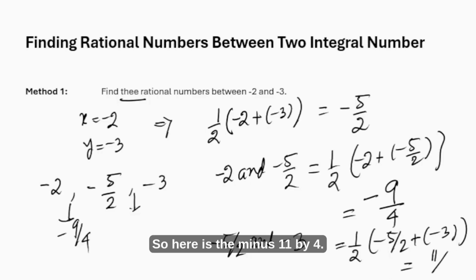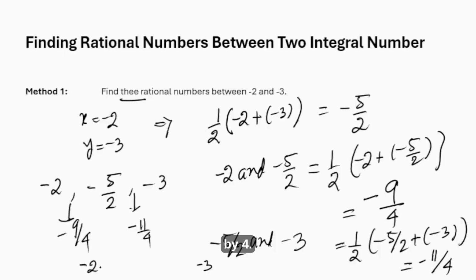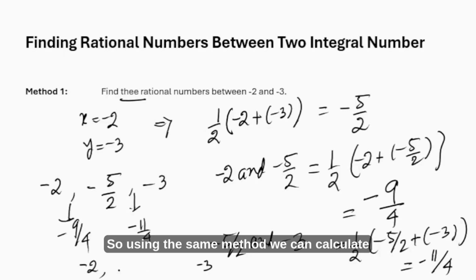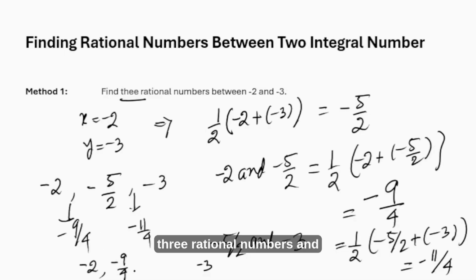So here is the -11/4. So the three numbers in between -2 and -3 are -9/4, -5/2 and -11/4. So using the same method, we can calculate three rational numbers, and you can apply this up to n rational numbers.